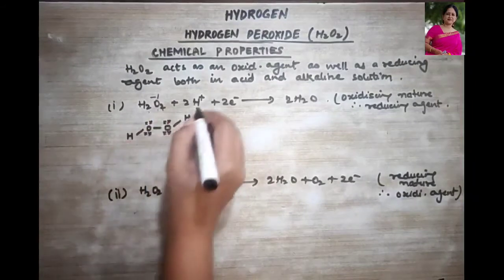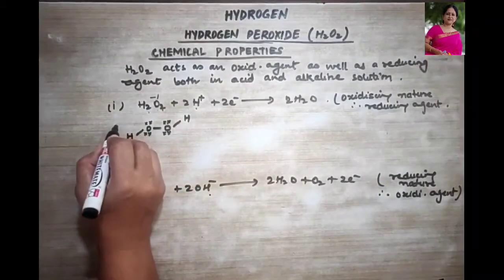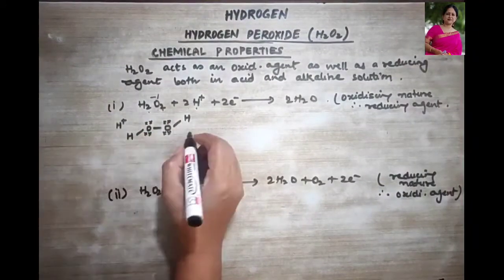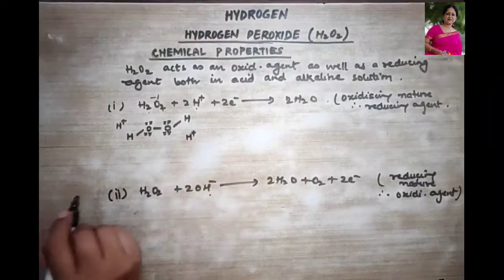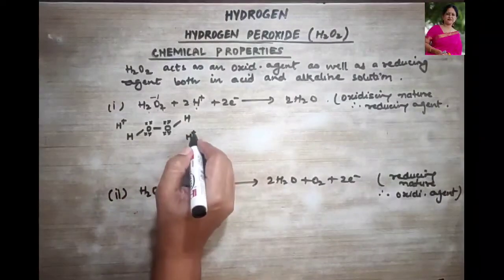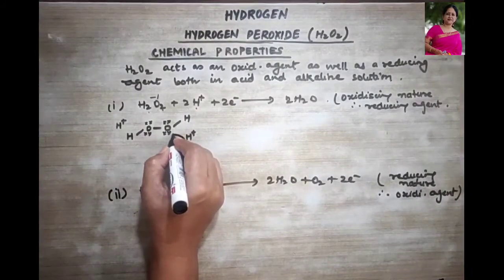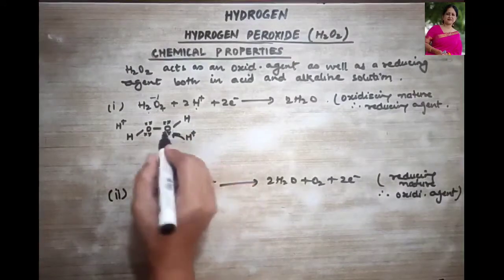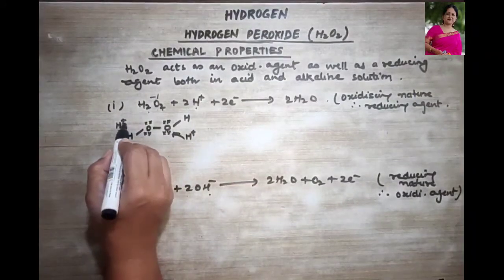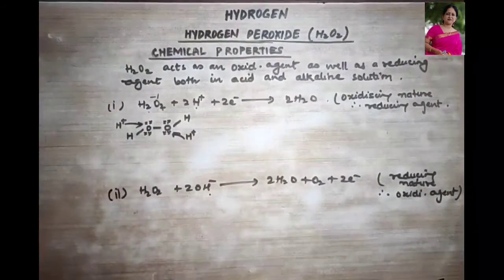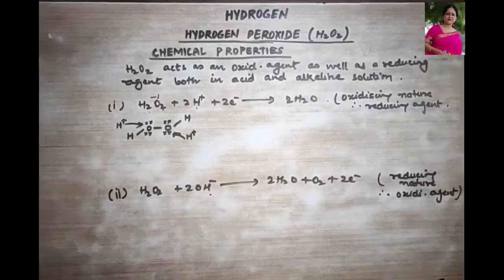Now the hydrogen ion, which has a positive charge, is going to attack the lone pair found at the oxygen.